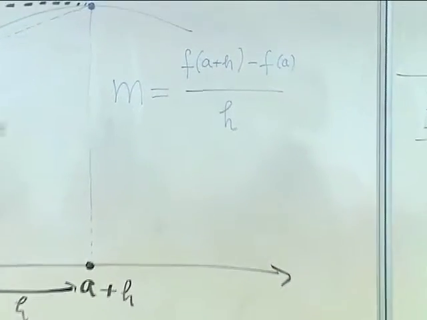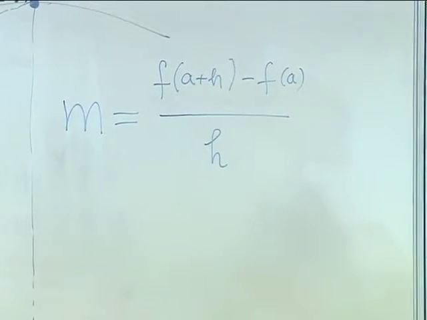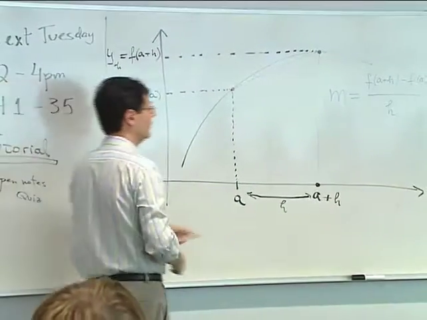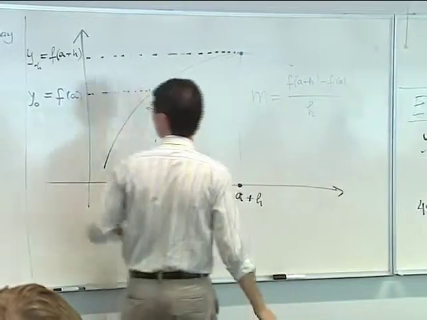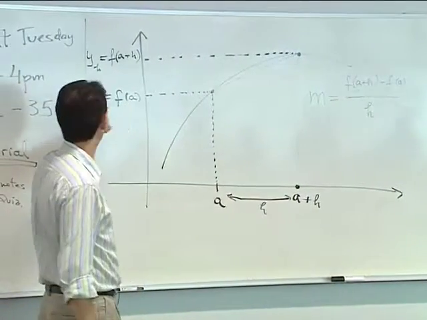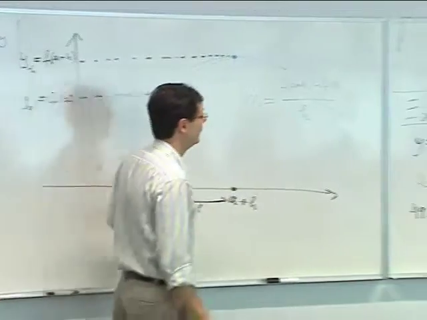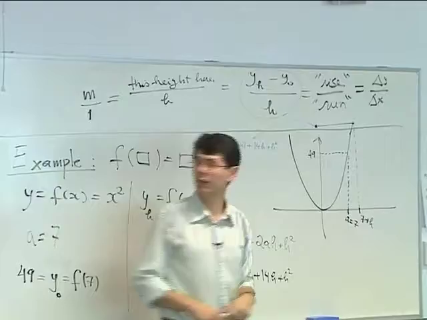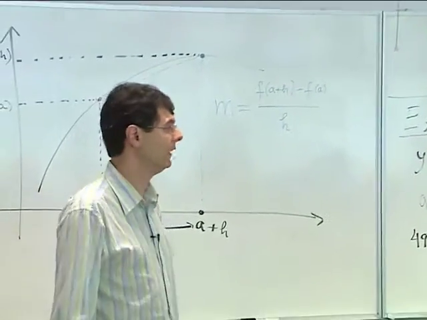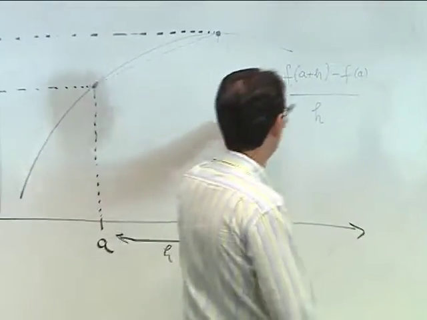What does it have to be? y h, and y h is f of a plus h, take away f of a, which is y0. That's the slope of the secant line.